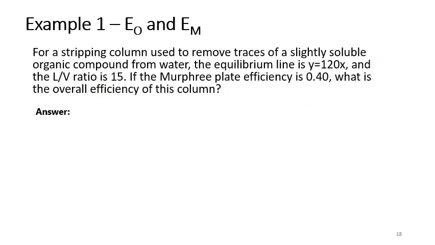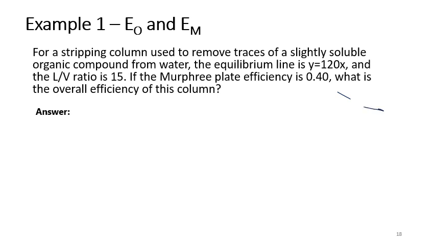Let's do an example for the relationship between overall efficiency and Murphree efficiency. Let's say for a stripping column used to remove traces of a slightly soluble organic compound from water, the equilibrium line is given as y equals 120x and the L to V ratio is 15. If the Murphree plate efficiency is 0.4, what is the overall efficiency of this column?